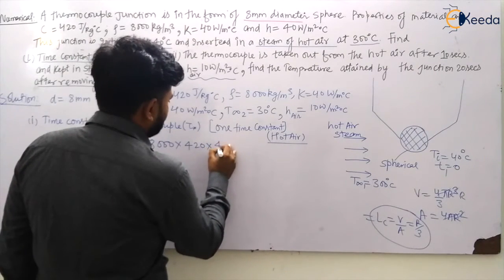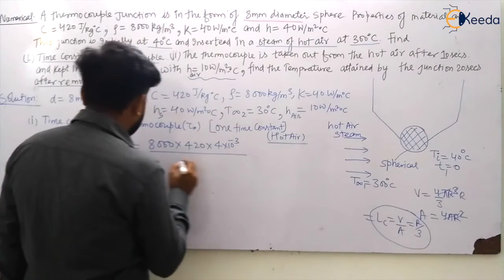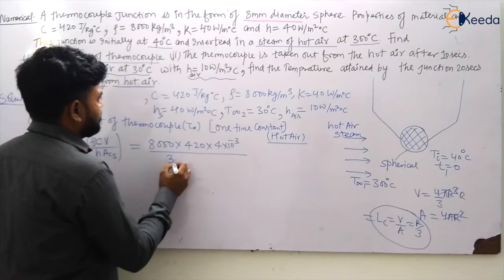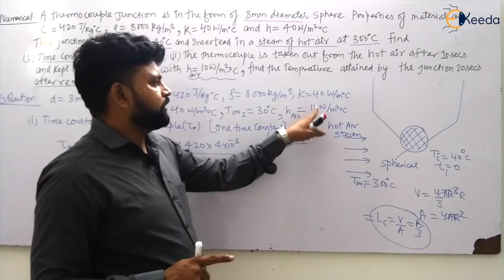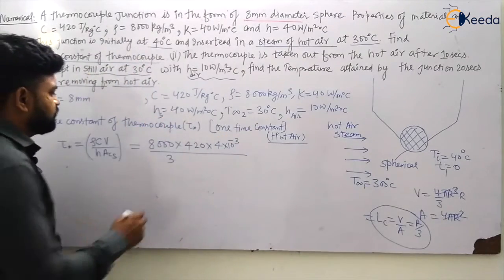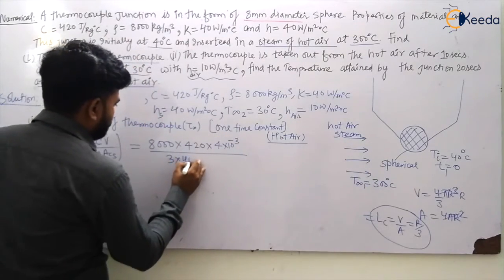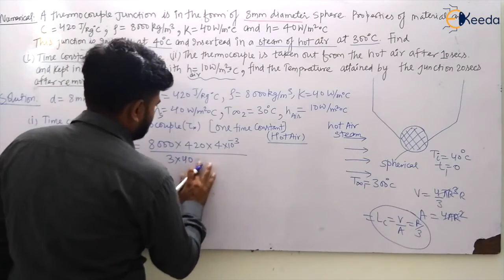This will be 4 into 10 to the power minus 3 meter, divided by 3 into the value of h. For the hot steam, they are considering the heat transfer coefficient to be 40 watt per meter square Kelvin.